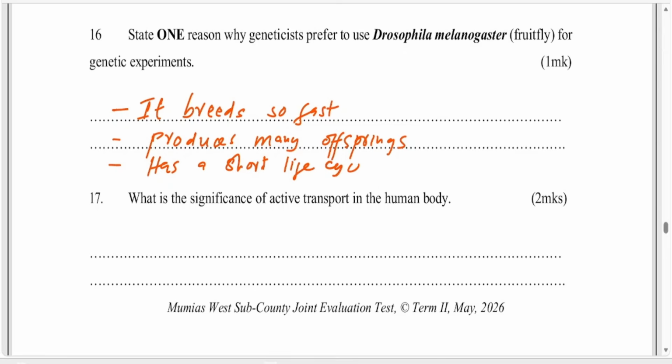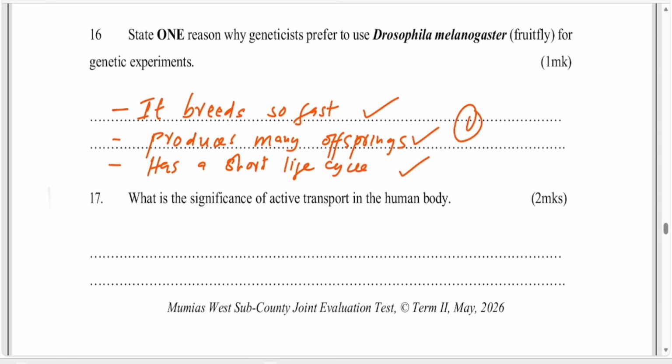Any one of these statements gets 1 mark. We can also say it is harmless and easy to handle, which is another reason Thomas Morgan chose Drosophila melanogaster.